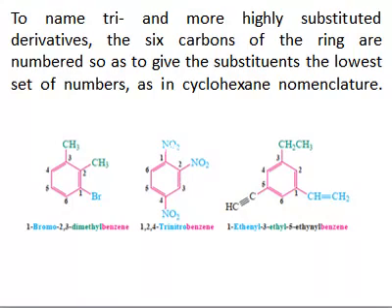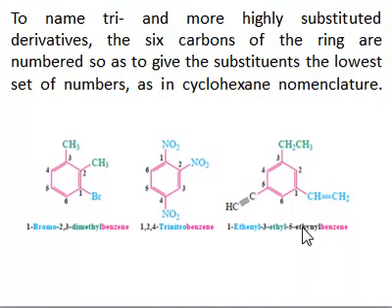But in case we number like this, 1, 2, 4, then we are getting 2 substituents at lower numbers, right? So prefer numbering from this side instead of numbering from this side. Also we'll not number from this side because the substituents will be assigned higher numbers. So whenever we have to name a benzene ring, always ensure that all of the substituents get the least number.